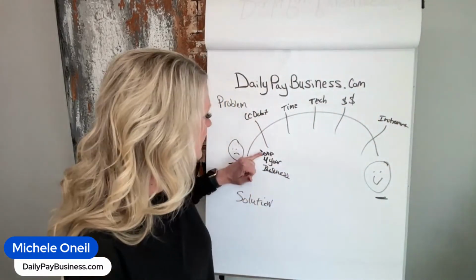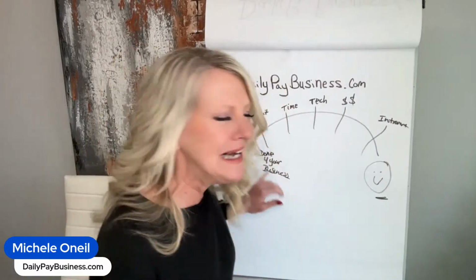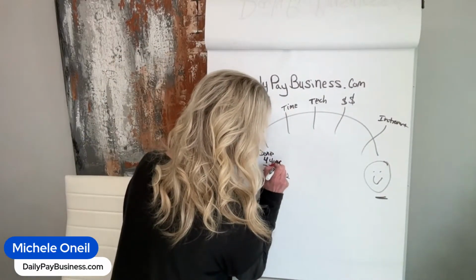You have to invest pretty good. And then you have to create it, time, money, and then you cross your fingers and you hope it sells. So that's not a solution. The solution is a done for you business, which means you can launch today and have the ability to make money tonight.